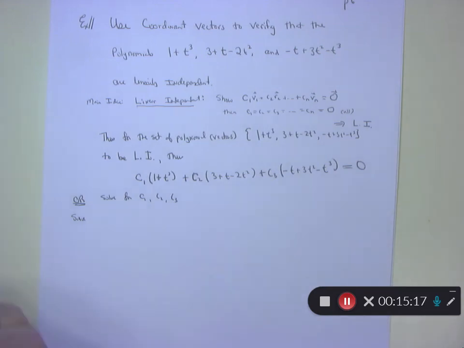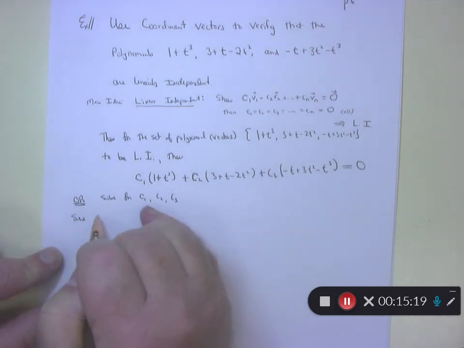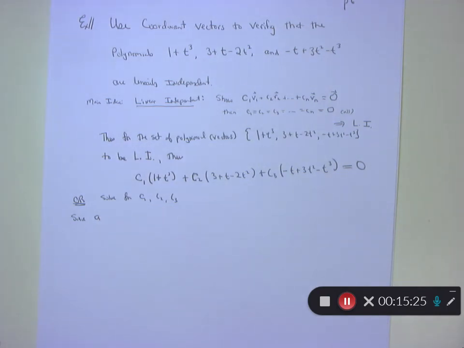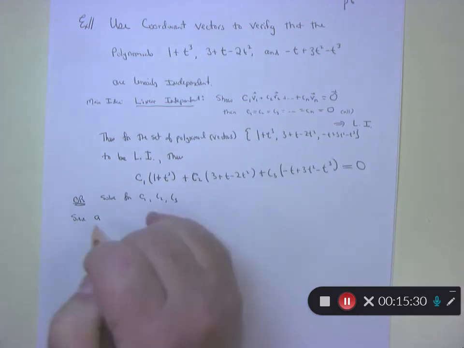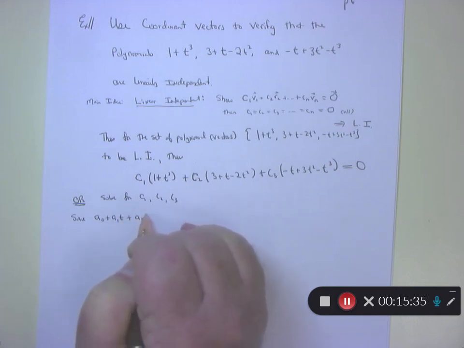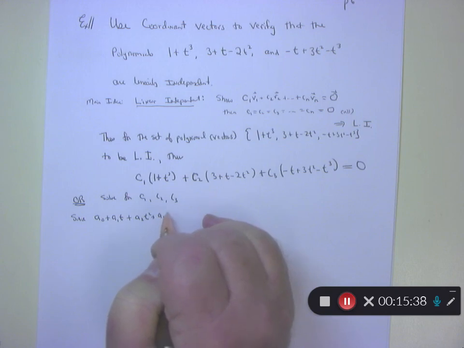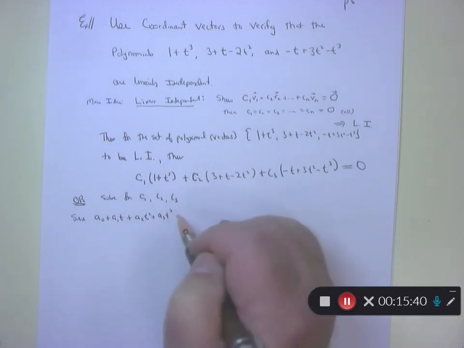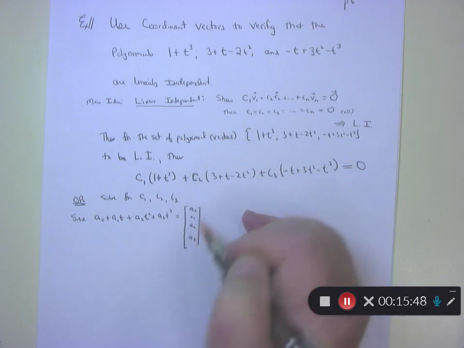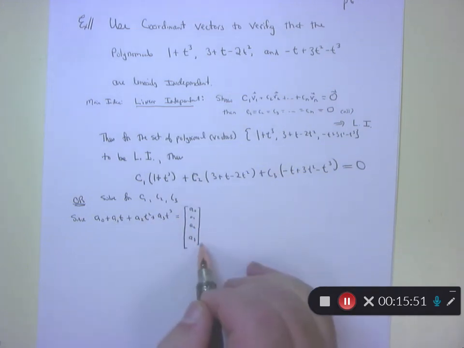So, here we go. What did I put in my notes here? I want to make sure I use the same letters I did before. Since A0 plus A1t plus A2t squared plus A3t cubed was equal to this vector A0, A1, A2, and A3, going from this, that's the coordinates relative to your standard basis.